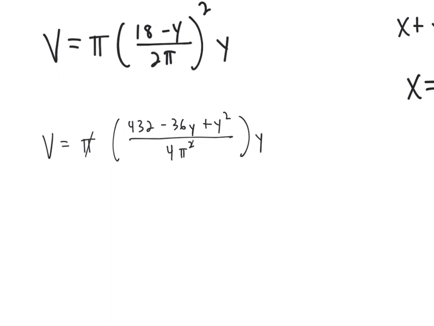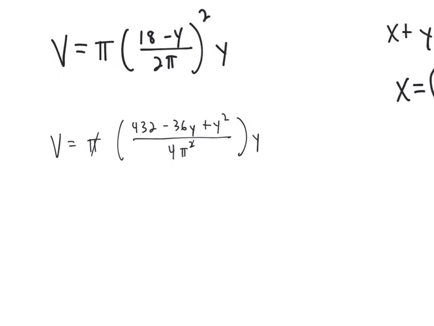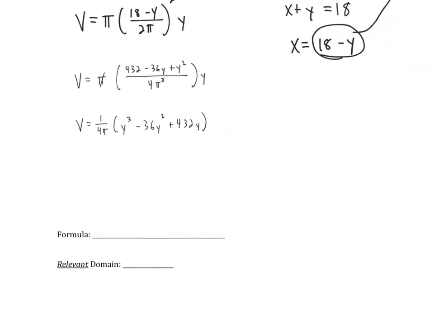Pi will cancel with one of those pi's. And then I'm just going to pull out that 1 over 4 pi, and then times it by the rest. Put it in order. All right, so that's our volume formula in terms of one variable.